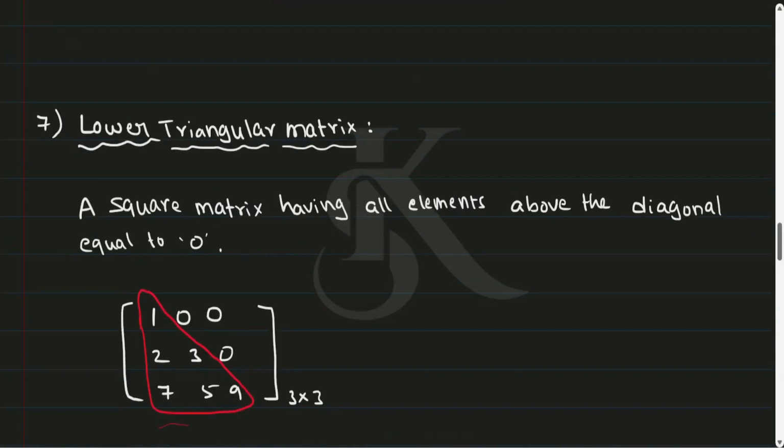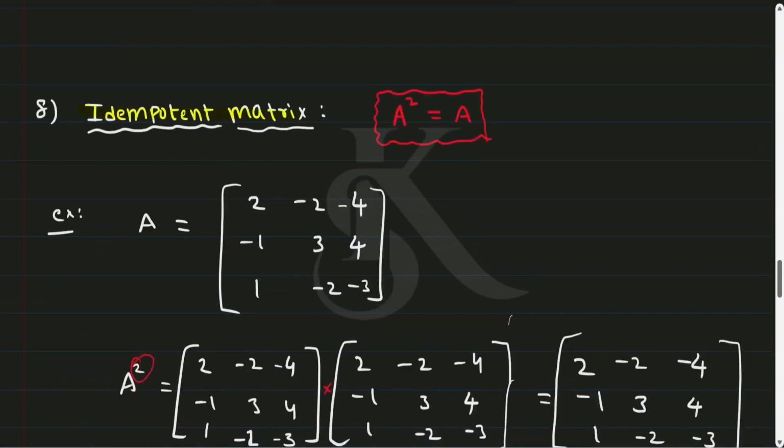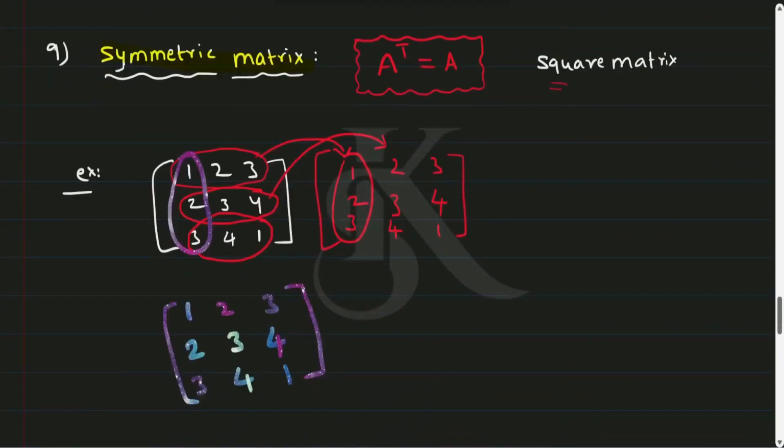Idempotent matrix: A square equals to A. Okay, this is the condition. And symmetric matrix: A transpose equals to A. This I have told you. It's a square matrix.